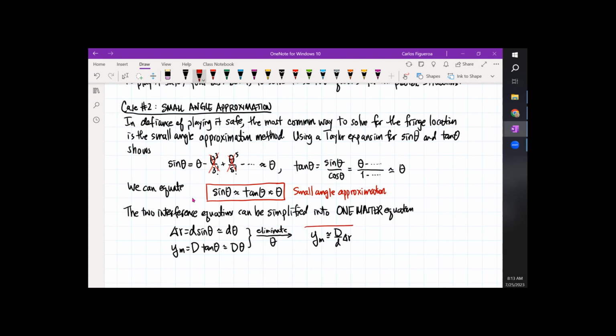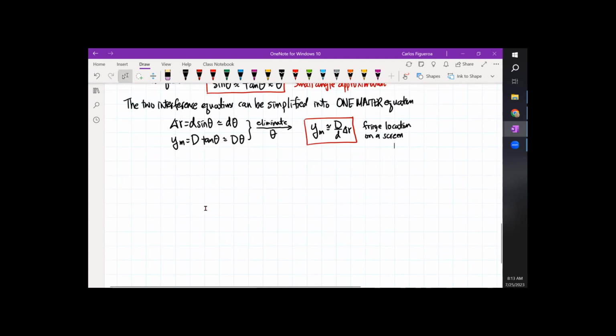So a small angle approximation gives us that this is the fringe location on a screen. And that's the master equation right there.